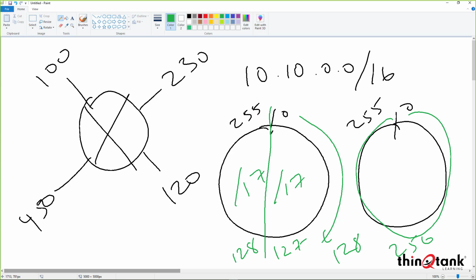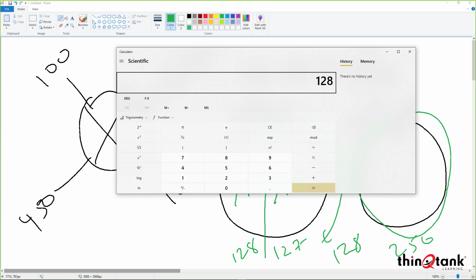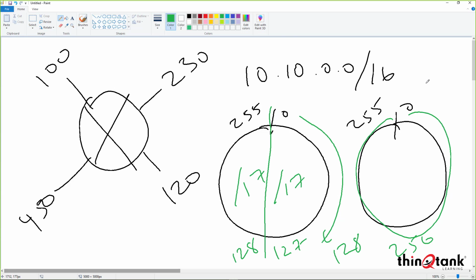So if I take 128 times 256, it's 32,768 addresses. Because that's essentially how we would assign the addresses, right? 0.0, 0.1, 0.2, 0.3, 0.4, 0.5, you get the idea.